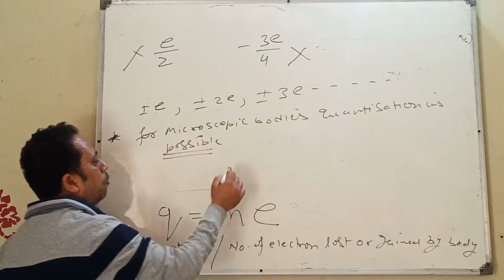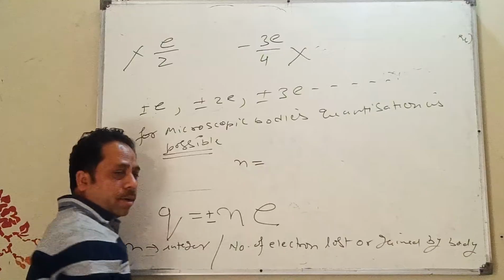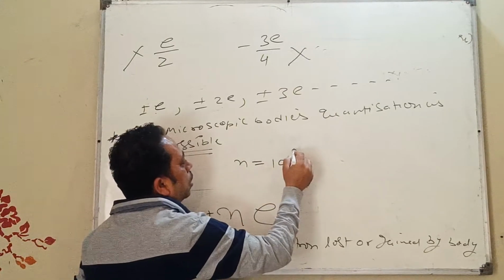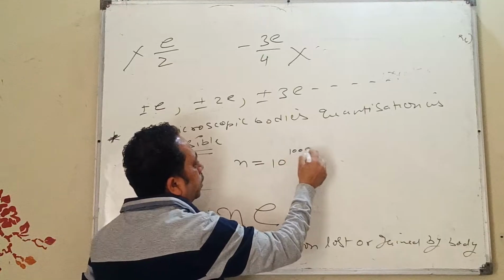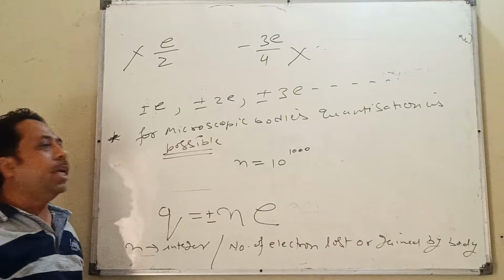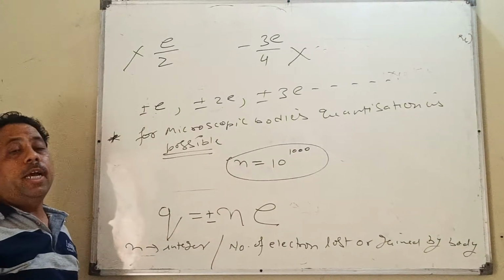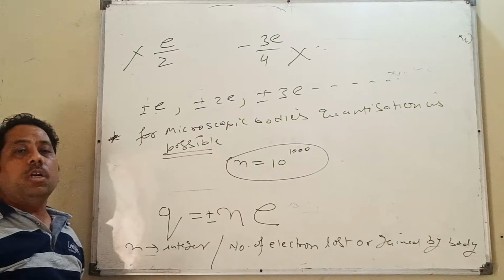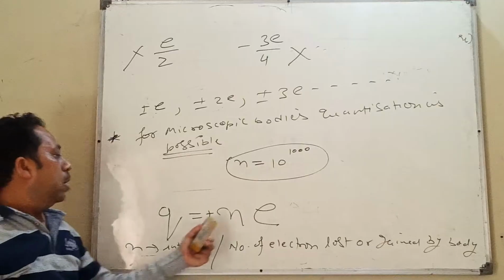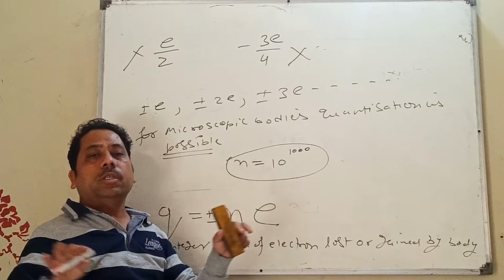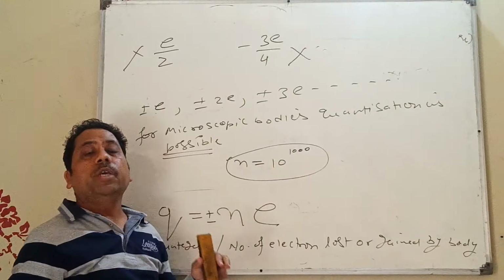For example, if n becomes 10 raised to the power 1000, it becomes very, very large. Then the charge will not appear as a multiple of e, but will appear to be continuous.